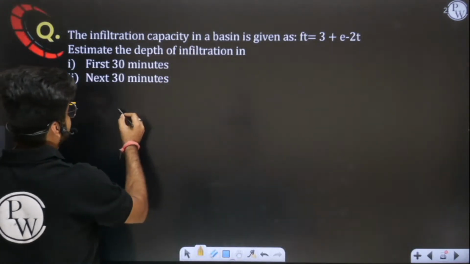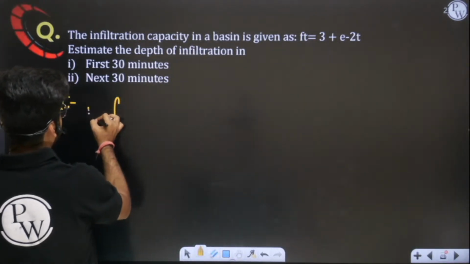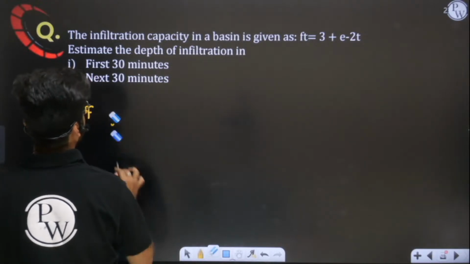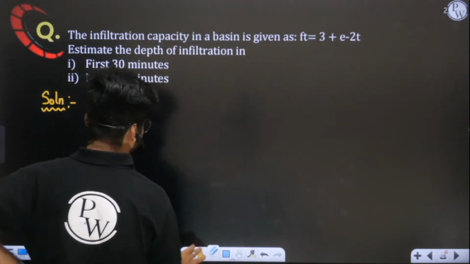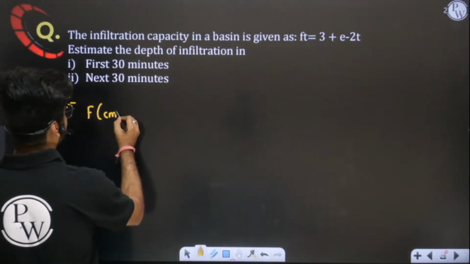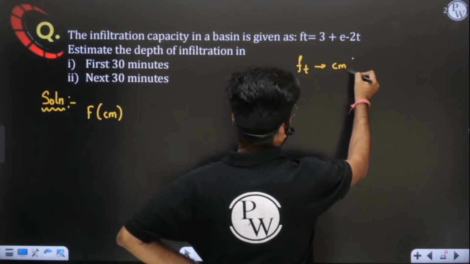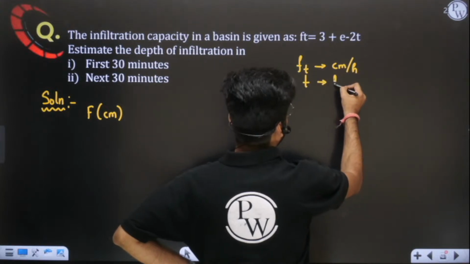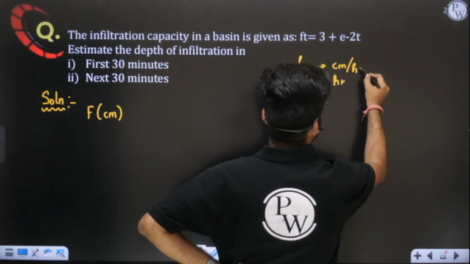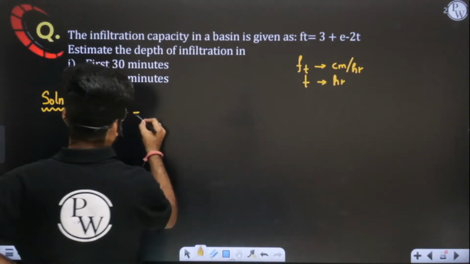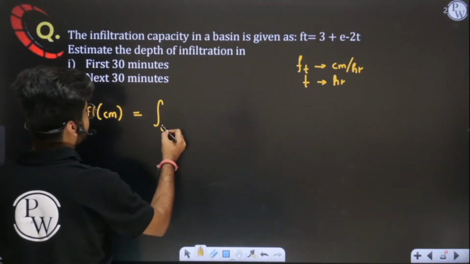Listen very carefully. We have to integrate, we have to find the total infiltration obviously in centimeters. Let us say the units of ft here are centimeter per hour and time is in hours. Basically most of the time you will say this is the case. So first 30 minutes means from 0 to half hour.